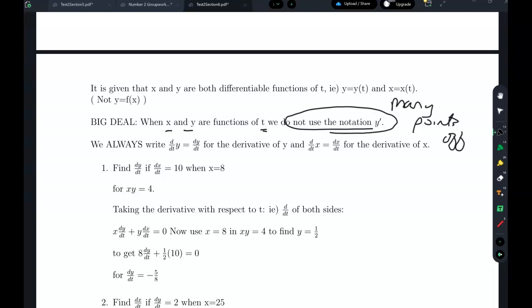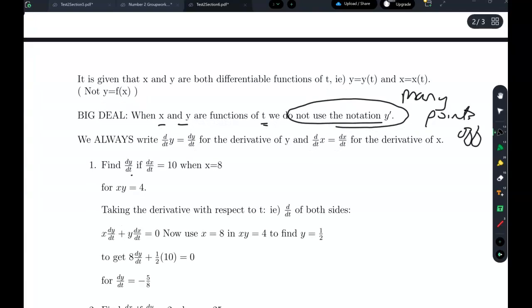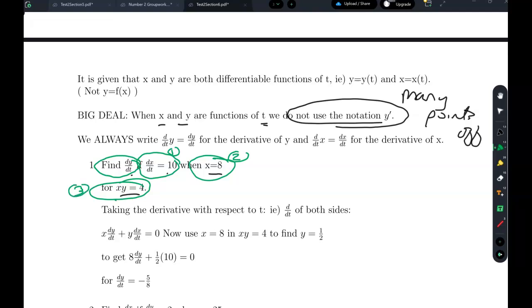So this says find, let me make it bigger, find dy over dt if dx over dt is 10 when x is 8, and this is the equation. So we're going to be digging more into this, but this is what we're trying to find. This is one of the givens. This is another given, and this is another given, right? So the equation, the when information, and a derivative.